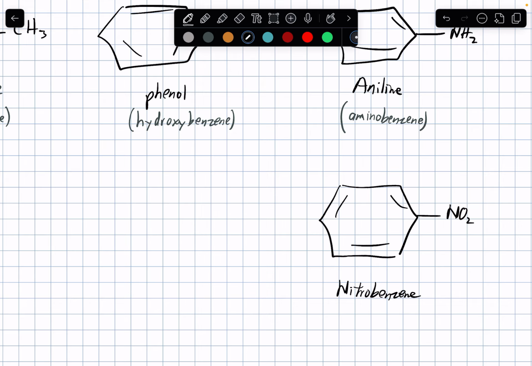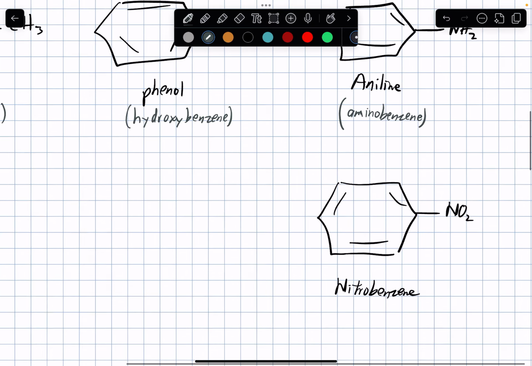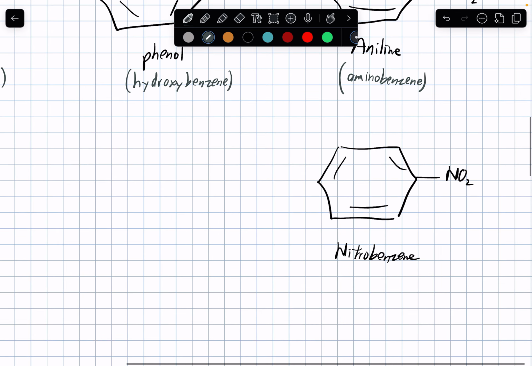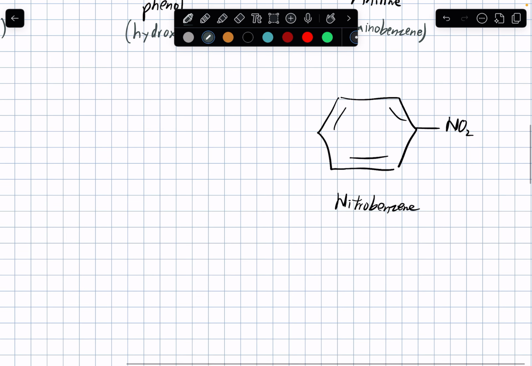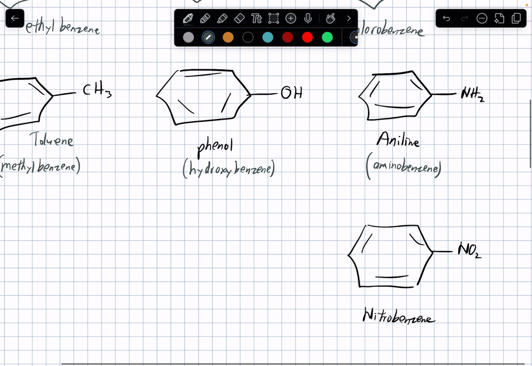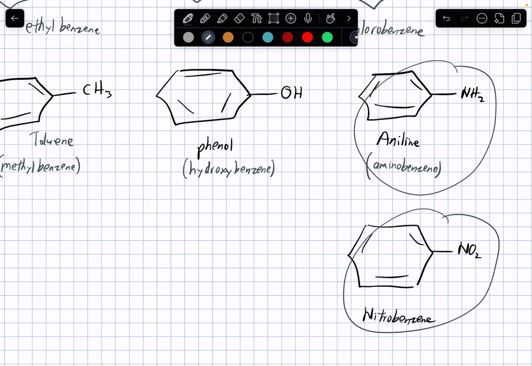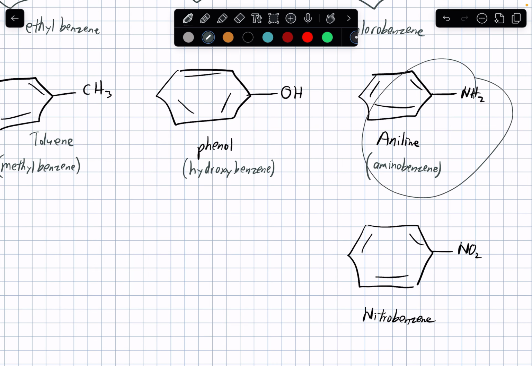So later, in one of the EAS reactions, actually the second one in my list, it's called nitration. Towards the end of the reaction, this is our product. And by a certain process, we can convert it into aniline. This is the useful product. This is what makes nitration useful.